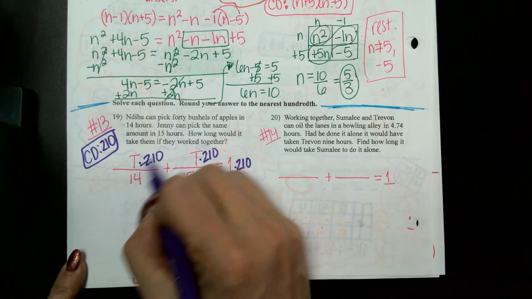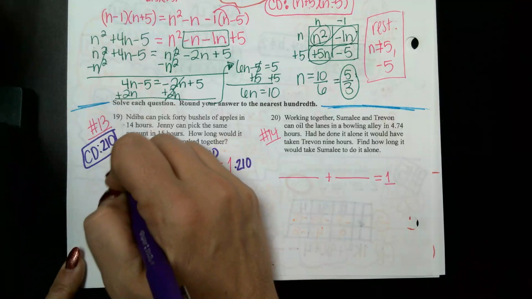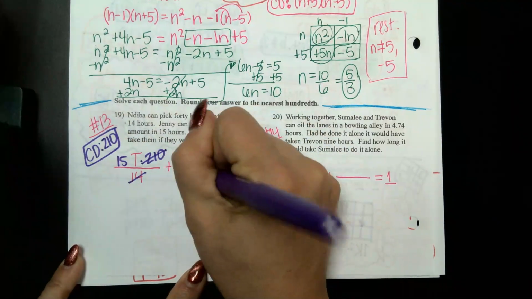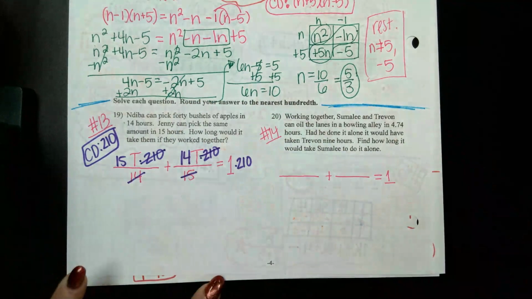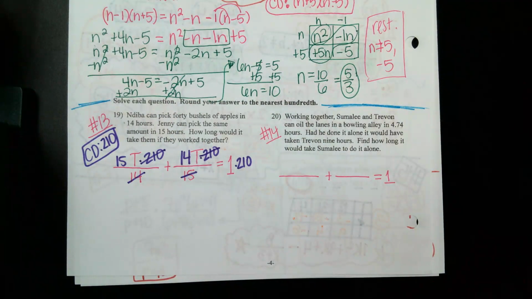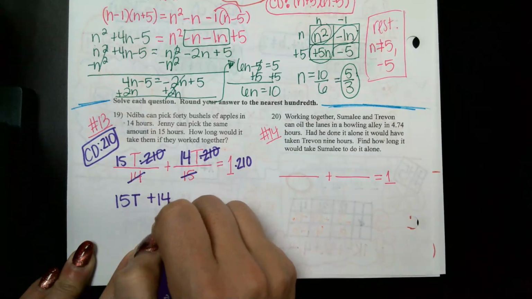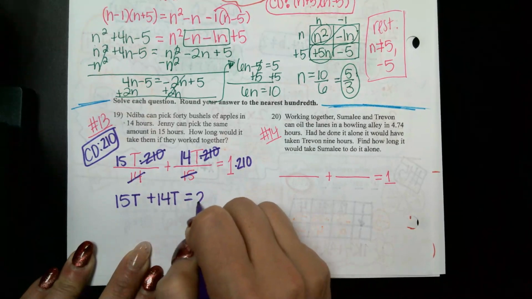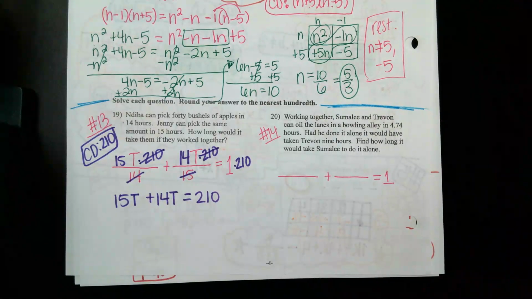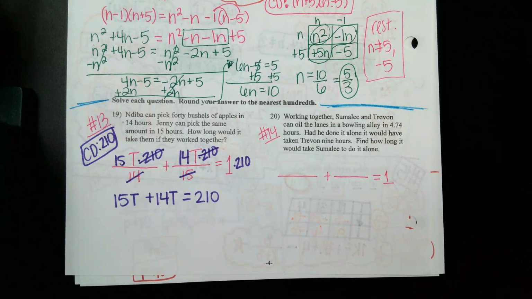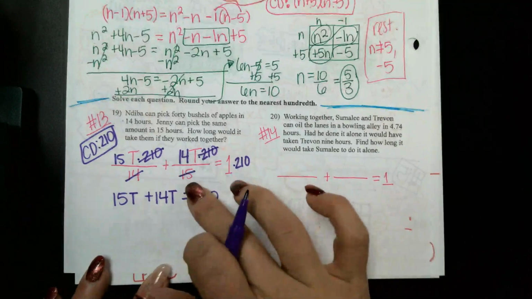Because then 210 divided by 14 would leave the 15 behind, and 210 divided by 15 would leave the 14 behind. So you end up with just 15t plus 14t equals 210. 210 divided by 14 is 15, and 210 divided by 15 is 14.